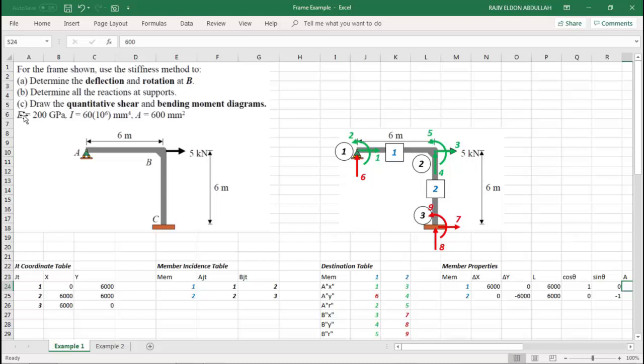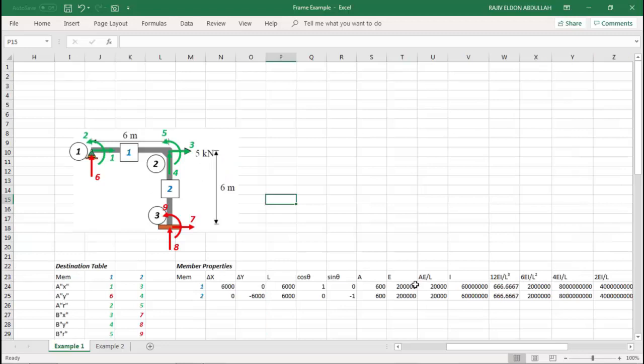You just need to convert GPa to MPa. We prefer MPa because that directly corresponds to Newton per millimeter squared. Okay, so we have here A 600 for both members. E is given as 200 GPa, so I converted it to MPa, so that's 200,000.